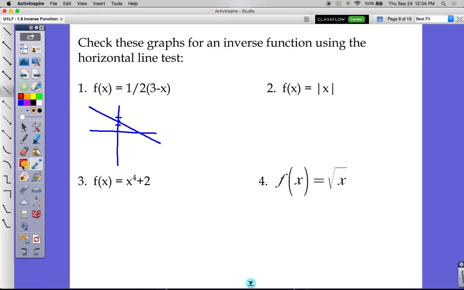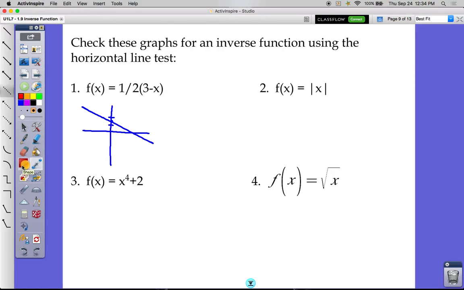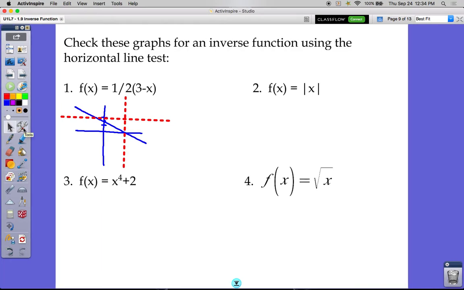I don't know. Let's find out. We take a vertical or horizontal line. Looks fine. Take a vertical line. Looks fine. You can move it around. Doesn't matter. Not going to hit the graph more than once. So is this a function? Yes. Does this have an inverse? Yes.